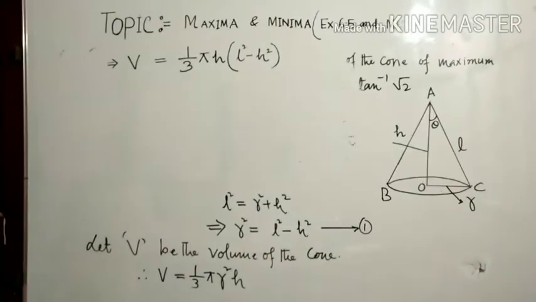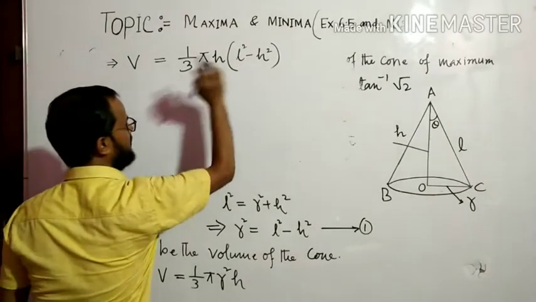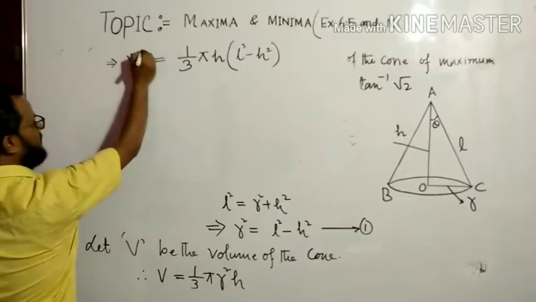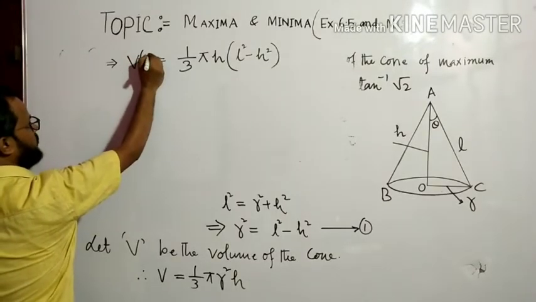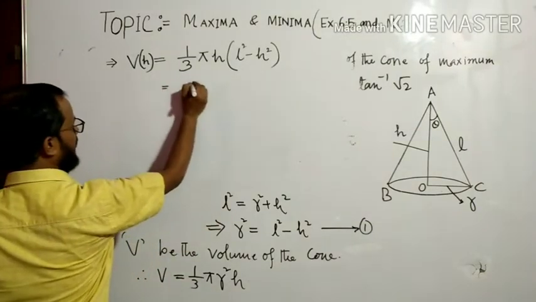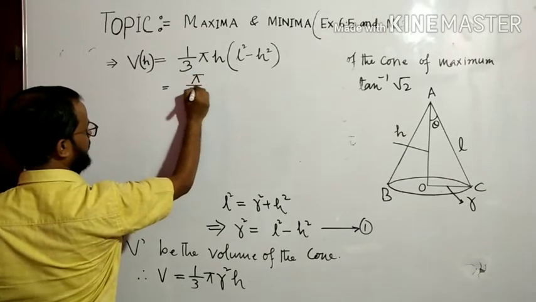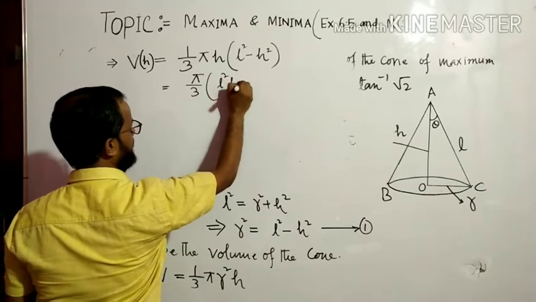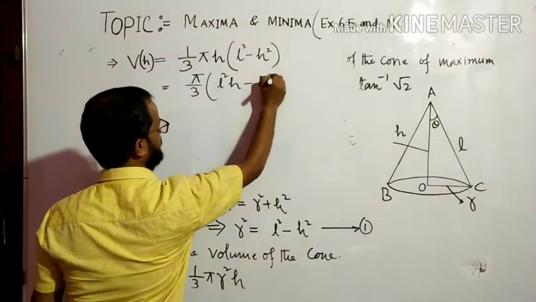Okay, now V is a function of h. L is fixed, it is a constant quantity, it is not a variable. So here you can write better, V(h). So V is a function of h. From here you can write one more line, pi by 3 into L square h minus h cube.